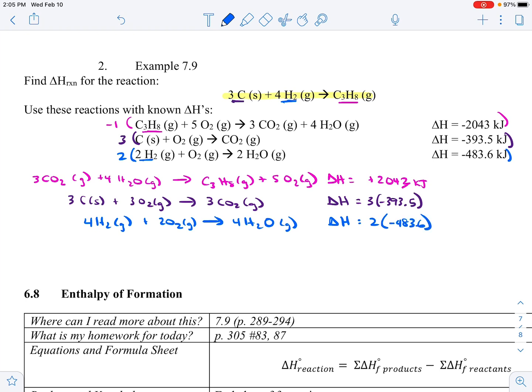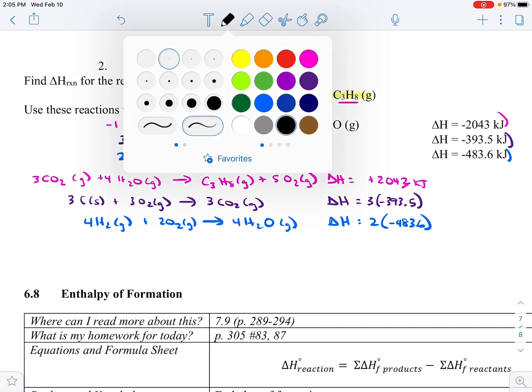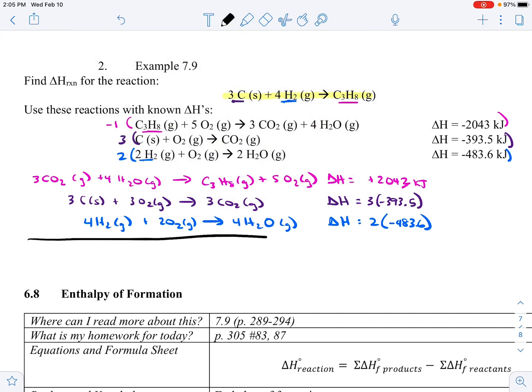Let's make sure we got to the end product that we were supposed to get, and make sure we've done this right before we do our summation. Just like in our practice previously, we need to check these things. 3 CO2s and 3 CO2s cancel out because they're on opposite sides. 4 H2Os and 4 H2Os cancel out.